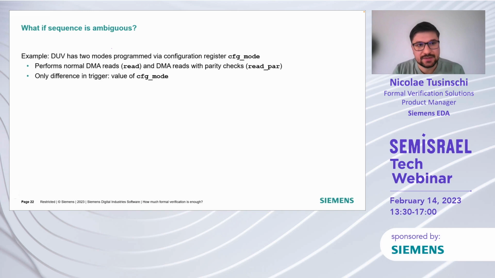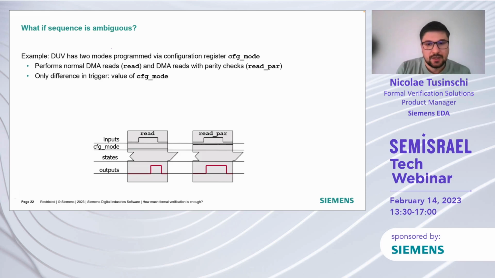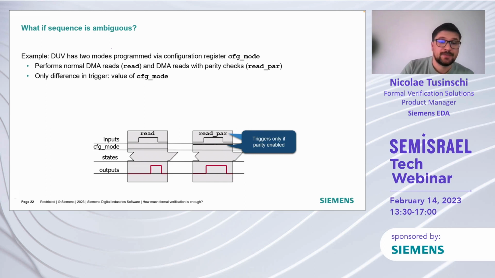The only difference in triggering these is the value that is programmed in the configuration mode register. So in general, we get these two operations that are only controlled by config_mode. Also, the input sequence is the same, the state is the same, the outputs to be verified are different, but the only difference is the configuration mode register.